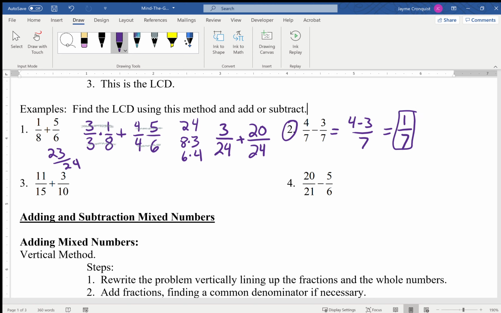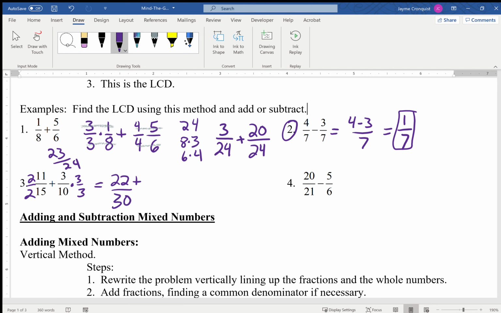For number 3 here, let's see. They both go to 30. 10, if I multiply this by 3 over 3, it's going to give me 30. And 2 over 2 times the 15 is 30. So 11 times 2 is 22, over 2 times 15 is 30.